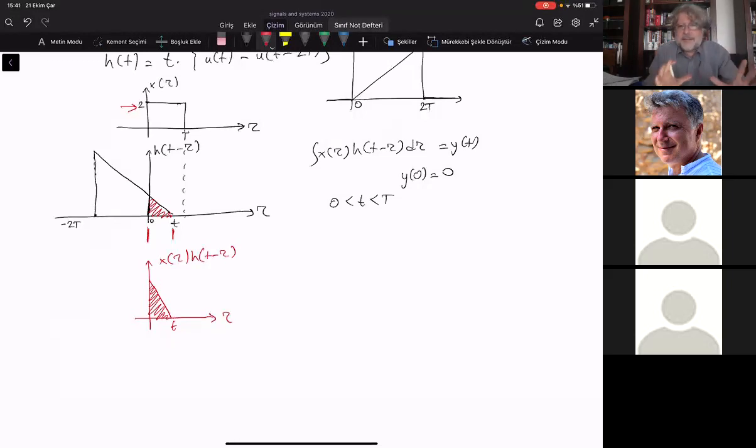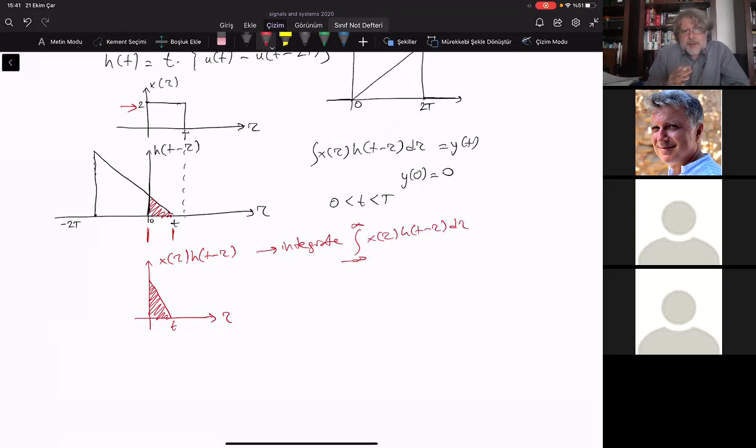This is the multiplication. The red figure is the multiplication. Do we all agree with that? Because now we have to find the integral of this. So we have to integrate this multiplication. Integration means finding the area of this multiplication. So what is the red dashed area?